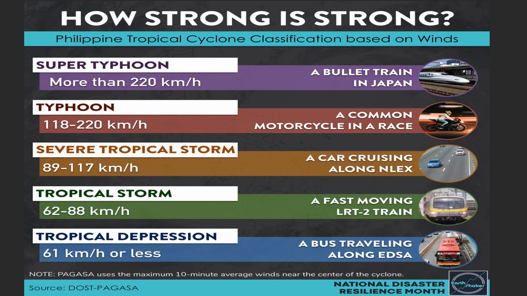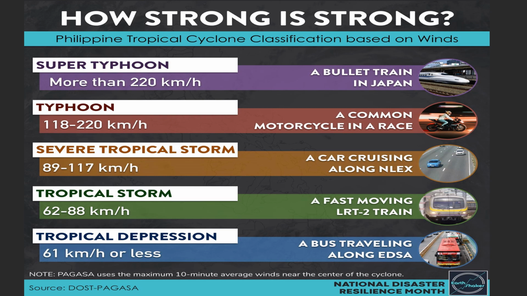Now, gaano ba kabilis or kalakas ito? So, imagine we are waiting for a ride along EDSA and then merong dumaan sa atin na hindi traffic ha, pero may dumaan sa atin na bus. So, yung speed ng bus, we can compare it to the wind speed of a tropical depression.